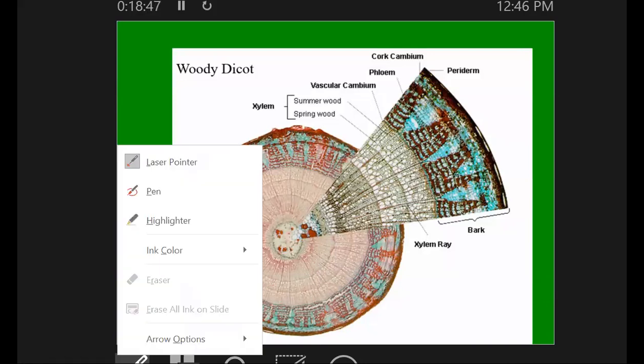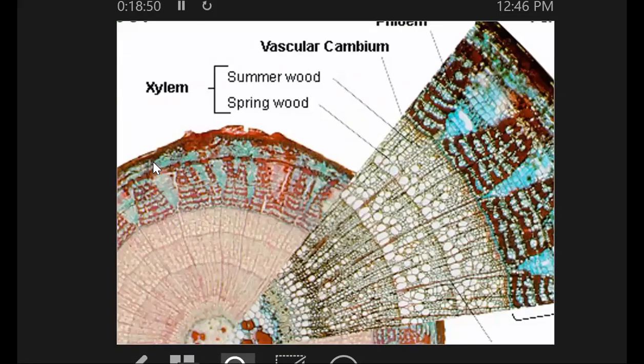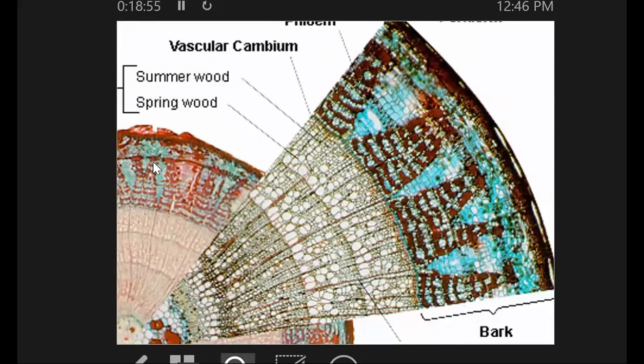So let's look at this a little closer. They took a swath of this section and enlarged it. So you can see on here both the vascular cambium, and the vascular cambium's job is to give rise to the xylem to the inside and the phloem to the outside.